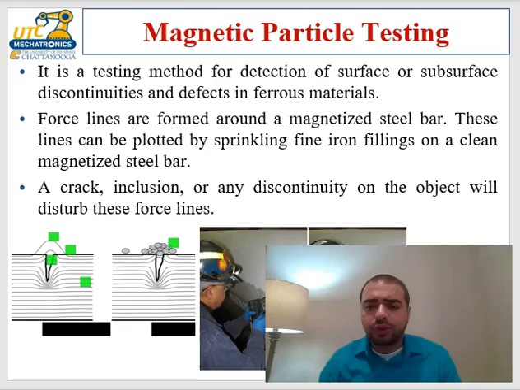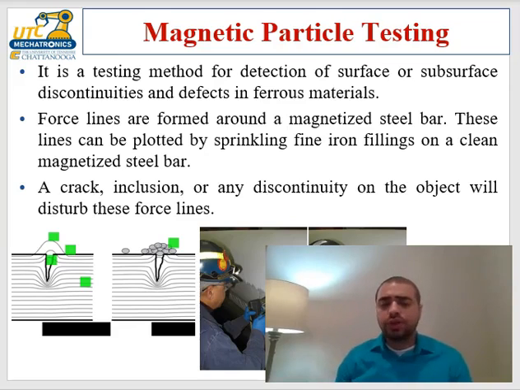So force lines are formed around a magnetized steel bar. These lines can be revealed by sprinkling fine iron filings on a clean magnetized steel bar. A crack, inclusion or any discontinuity on the object will disturb these force lines.